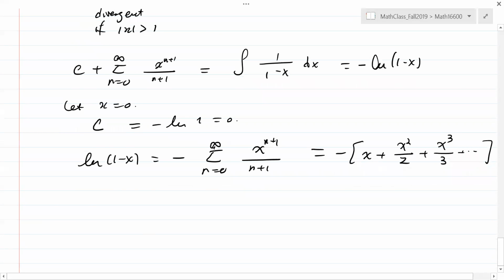So if x equals 1, this is the harmonic series, which is divergent. For x equals 1, the left-hand side is natural log of 0, which is also undefined.